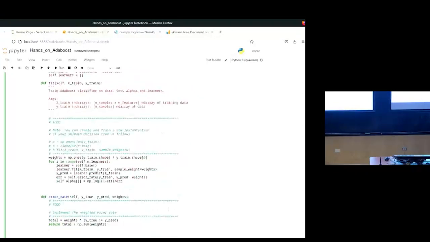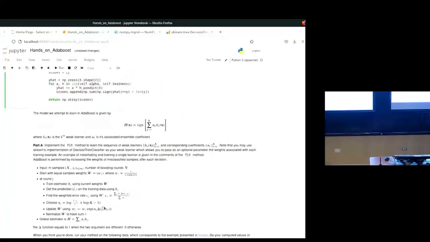All right, so now we have our alpha j's, but now we have to go back and update the weights, right? So if the sample is classified correctly, then the exponent is going to be 0. We're going to multiply by 1. It's going to be exponential 0, which is 1. If the sample was misclassified, we're going to multiply by exponential alpha j. So that's the constant that we are going to multiply with, okay? And so what can we say here?